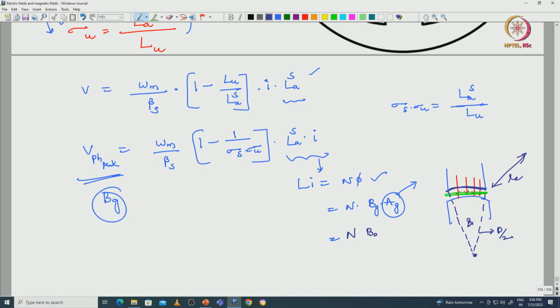N into flux density at the air gap, where N is the number of turns per phase, and Ag is nothing but arc length, that is r into theta, where r is d by 2 and theta is beta s. So, beta s into dis by 2 into length of the core.